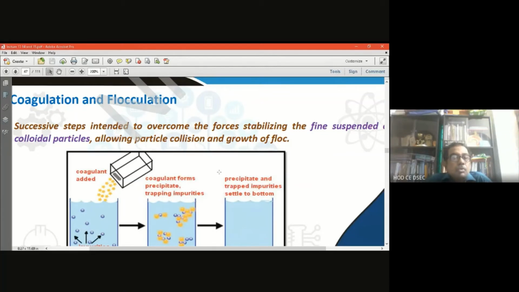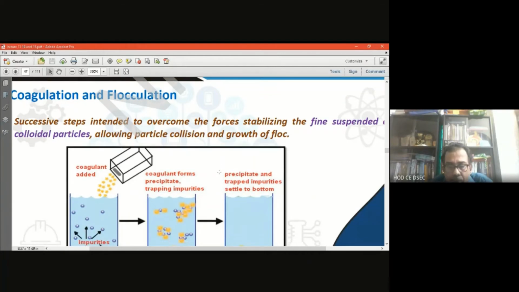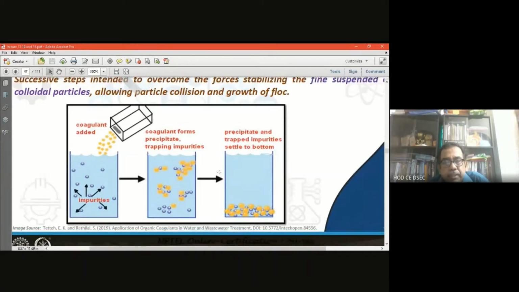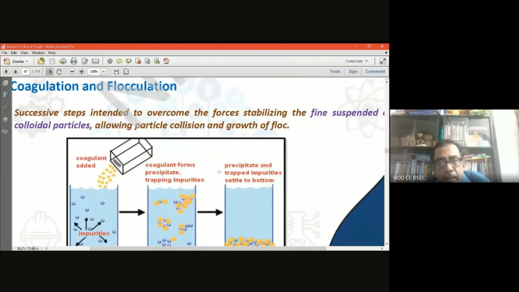Now, successive steps intended to overcome the forces stabilizing the finely suspended colloidal matter. First of all, I am going to tell you the problem you are facing in the treatment. Why coagulation flocculation? What is the significance of coagulation flocculation?